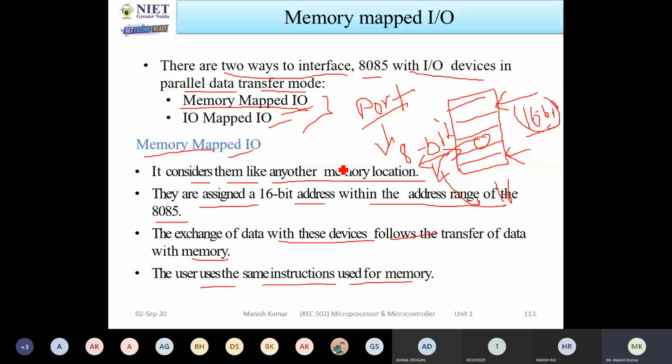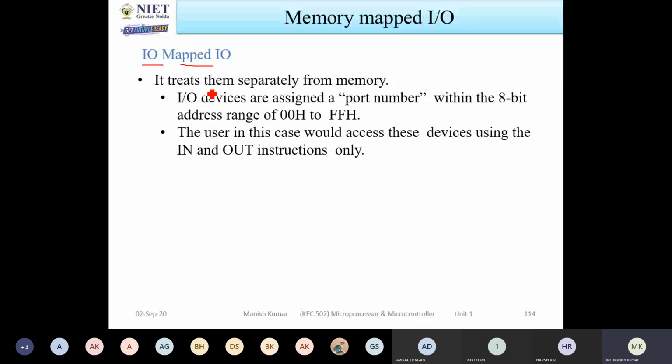Now when you are treating input output mapped input output, it treats them separately from memory. Input output devices are assigned a port number within the 8-bit address range 00H to FFH. So when you are using the input output devices, the address range will be 00 to FFH, since the port address is of 8 bits.